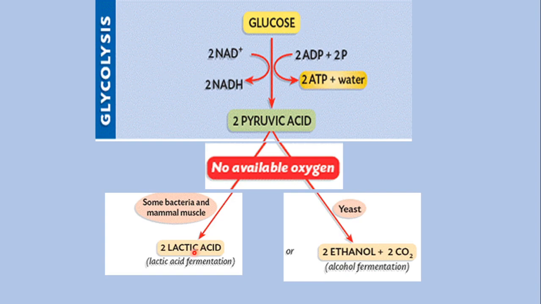If the enzyme lactate dehydrogenase is present, the pyruvic acid will get converted to two lactic acid molecules, which is usually seen in some bacteria as also in mammalian muscle cells, even in us, in humans.